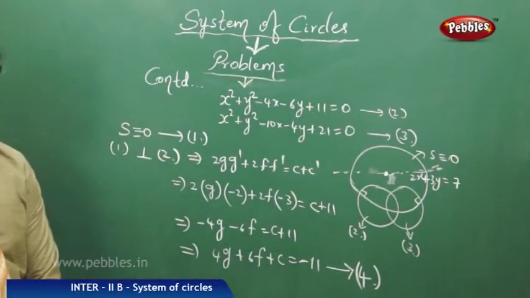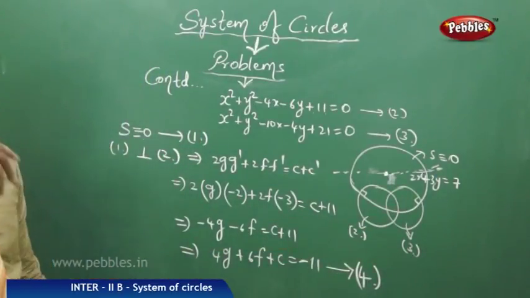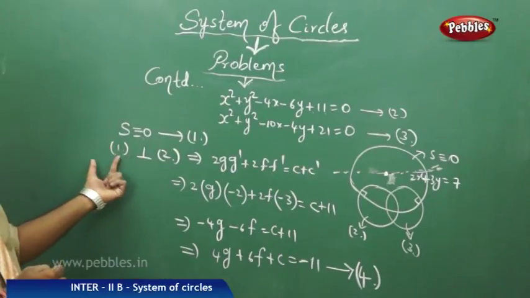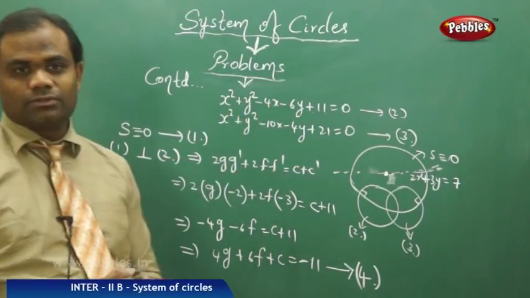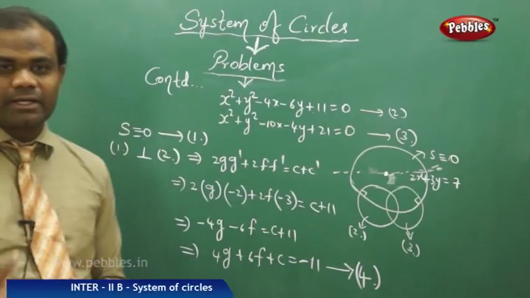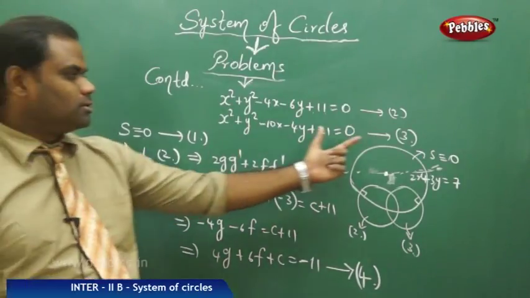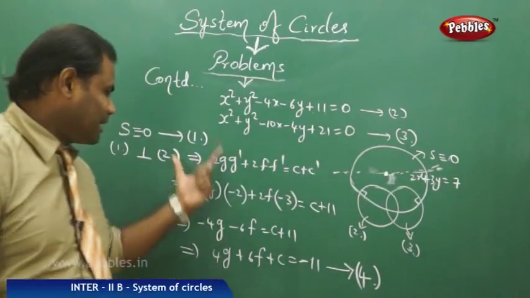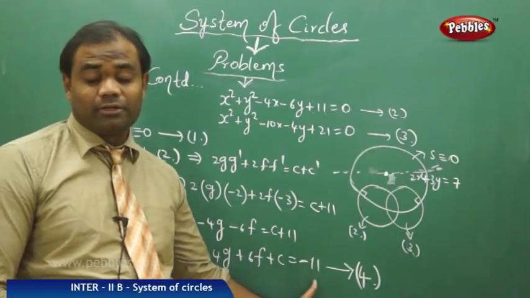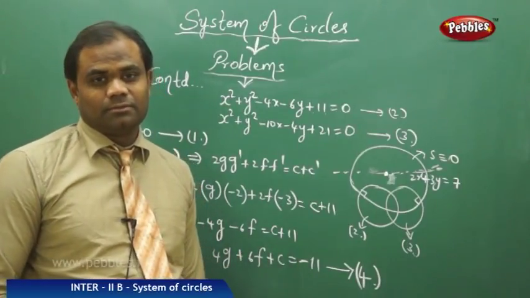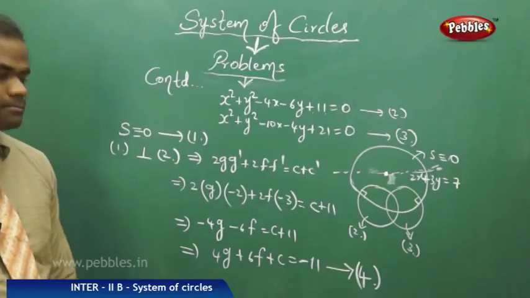So this is equation 4, which I have obtained by taking the orthogonal condition of 1 orthogonal to equation 2. Similarly, the second case of 1 orthogonal to equation 3 gives me another equation in g, f and c. So let's go with the second case.